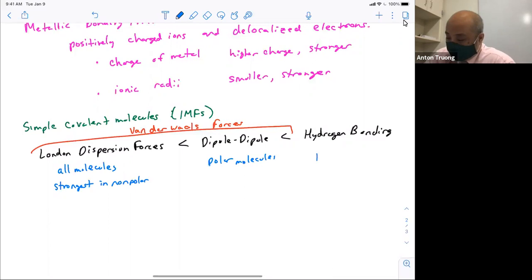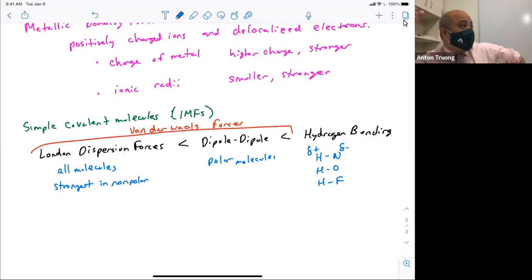And hydrogen bonding happens when there's H bonded to N, H bonded to O, or H bonded to F in the structure. Because those are the 3 most electronegative and smallest elements on the periodic table that can bond, they create a very, very distinct separation of positive and negative charge attraction between that bond. And that positive is very, very great, and it's almost like an ionic attraction. So it's a very, very strong attraction compared to the other ones.